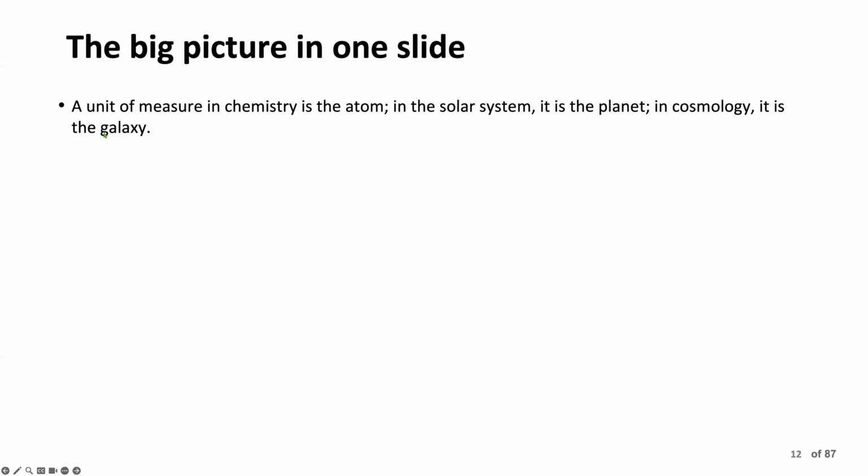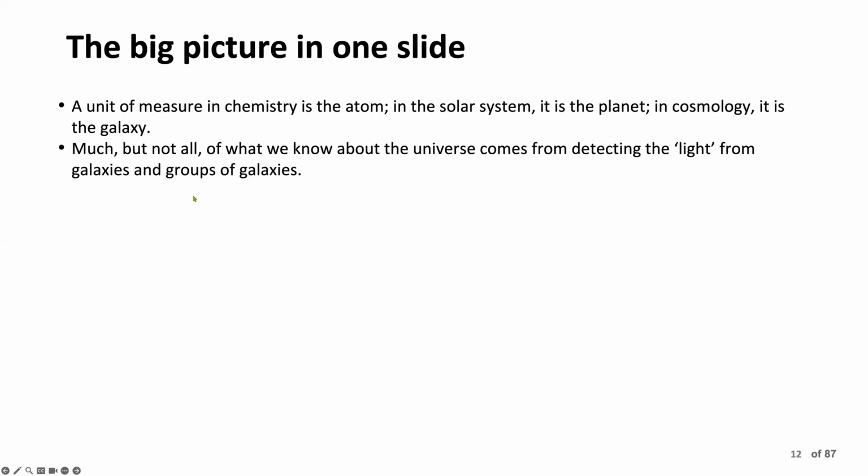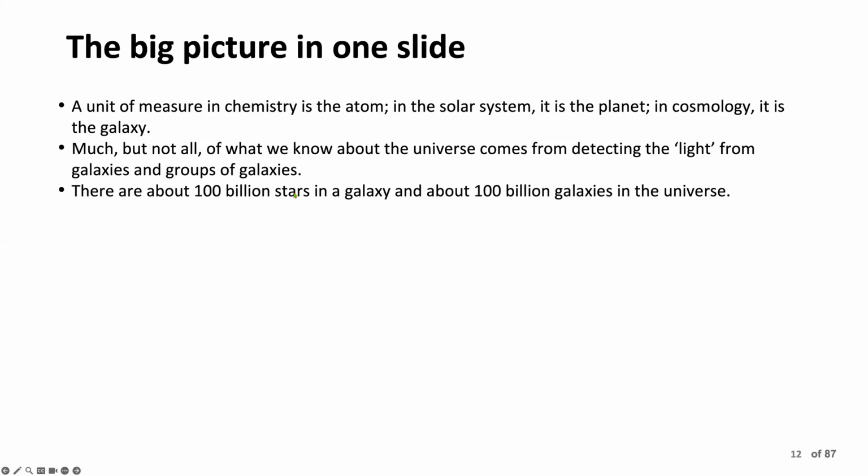In cosmology, it's galaxies. And we're going to talk a lot about galaxies, their formation and their dynamics. And we have to, because a tremendous amount about what we know from the universe comes from galaxies and groups of galaxies called galaxy clusters. And we'll get into this in more detail.